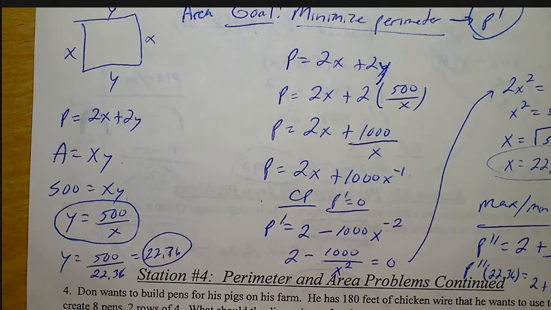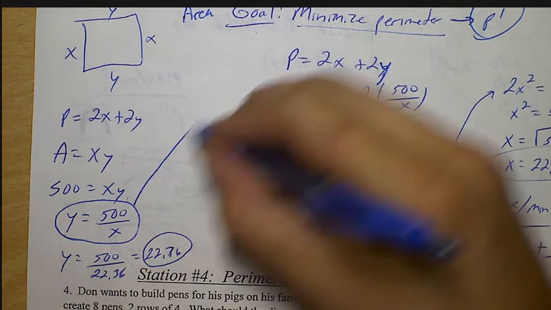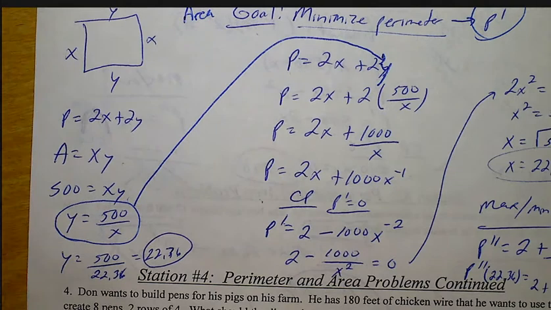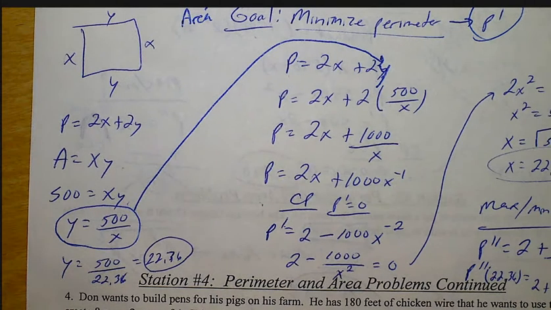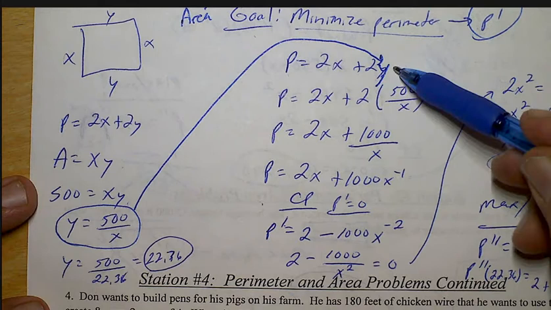So when I do my substitution, now I have perimeter as a function of one variable, just P of x. Simplify. Now I'm going to write this in a format that I can take the derivative of easily. You can do quotient rule here, but that's sometimes a pain. It's easier to just do a power rule.